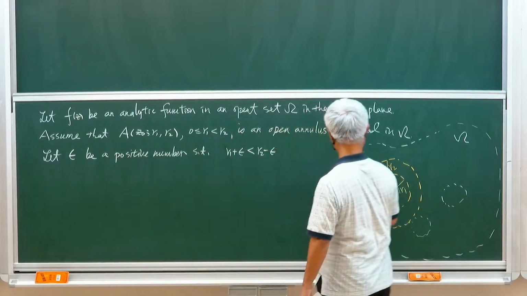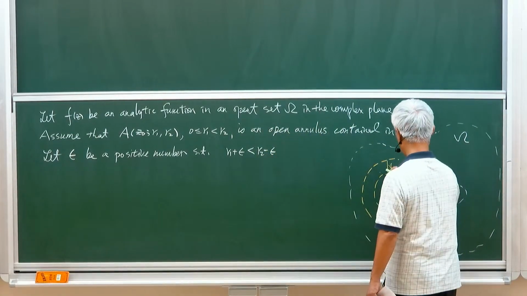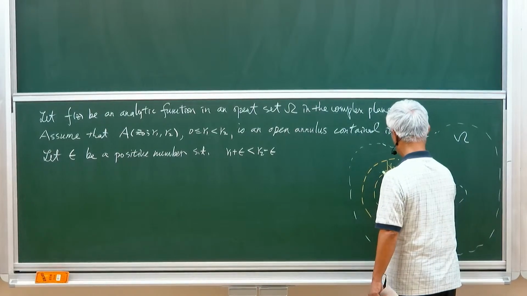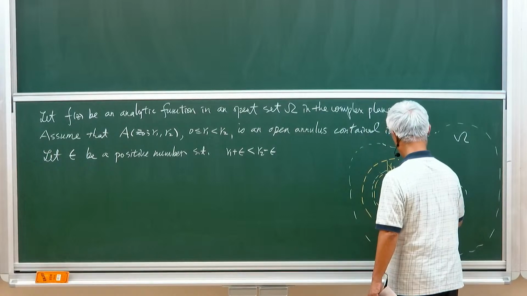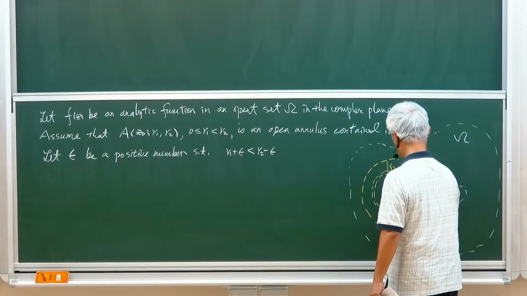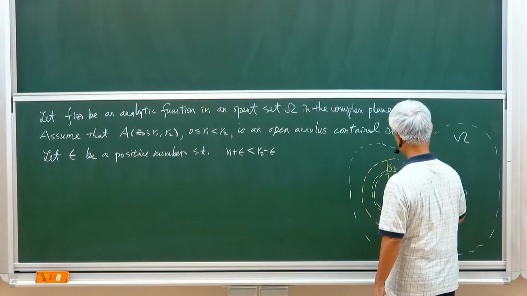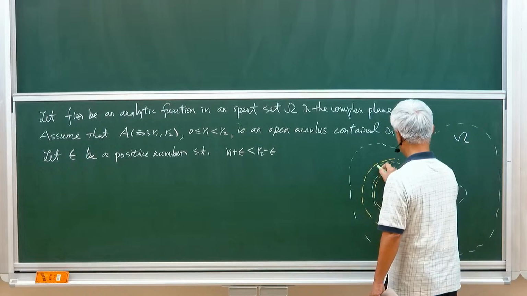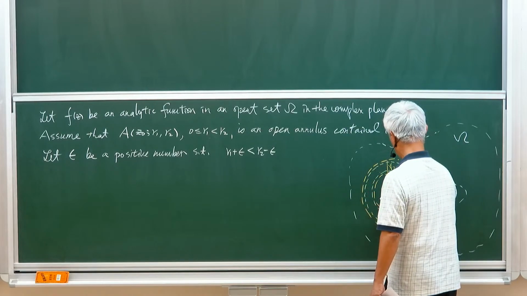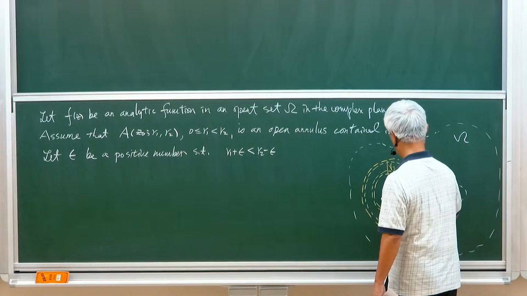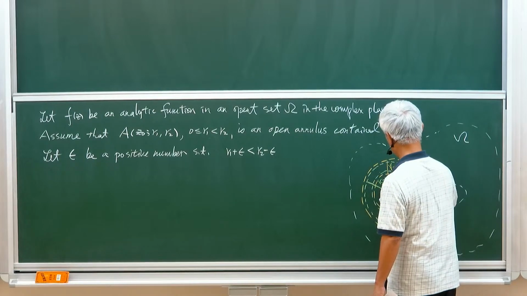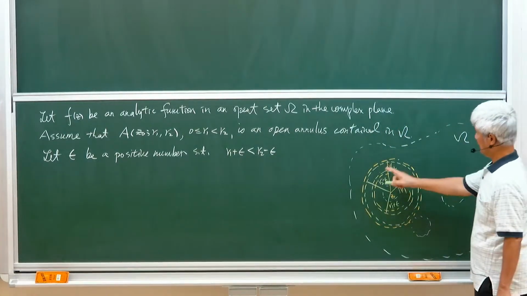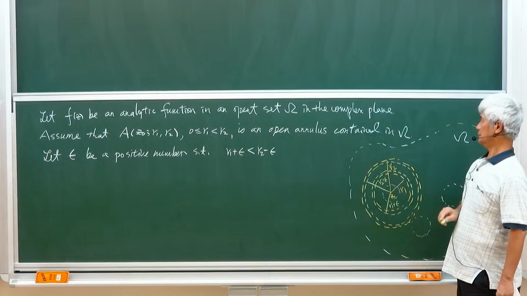Because R1 is less than R2, there must exist an epsilon, a positive number, such that this is R1 plus epsilon, and this one is R2 minus epsilon, and R2 minus epsilon is still greater than R1 plus epsilon, so that we have an inner open annulus.